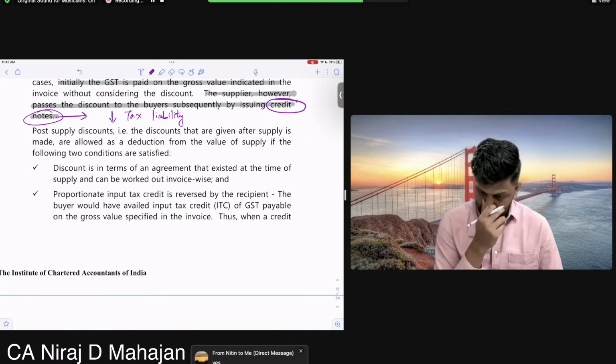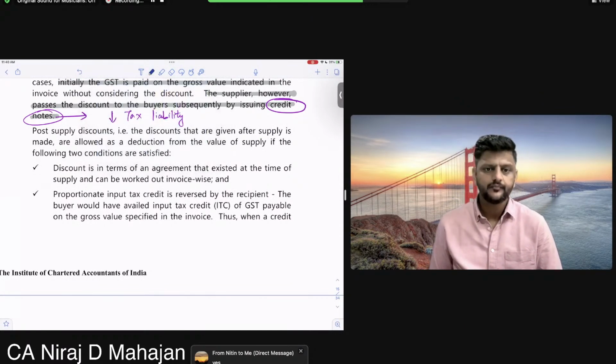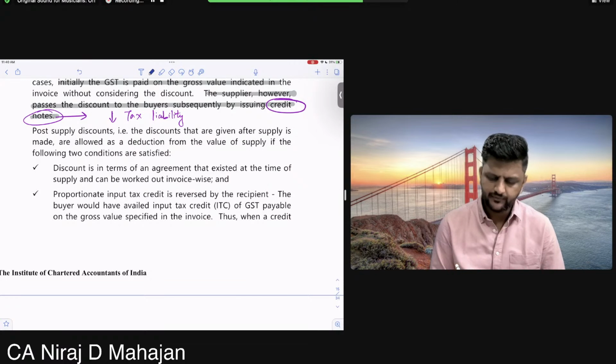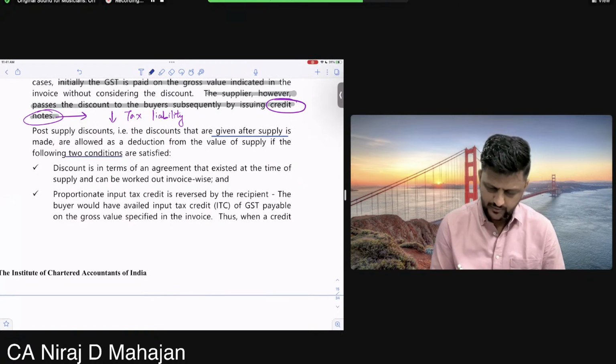Post supply discounts, that is discounts that are given after supply is made, are allowed as deduction from value of supply if the following two conditions are satisfied. Star mark.